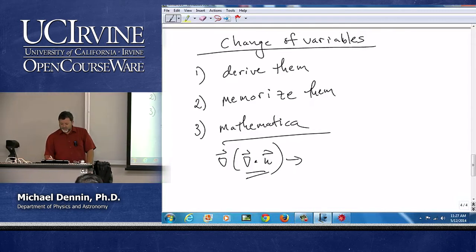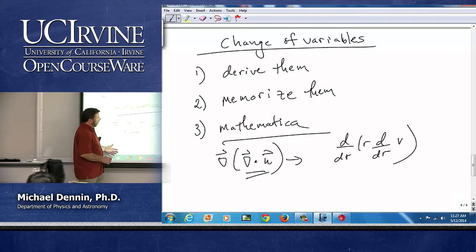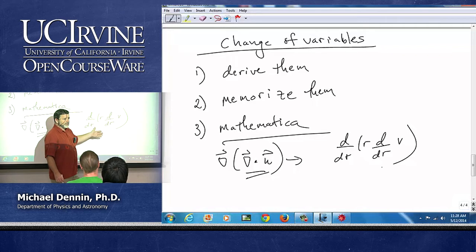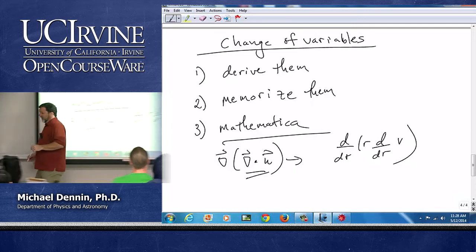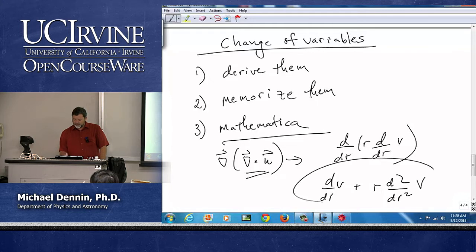So you can imagine if you have something like d by dr of r d by dr of v showing up, and this thing is equal to 0, this is a nice form because I can just integrate twice. But you might be doing something else with it, and if you multiply out the derivatives, like do d by dr of this first, and then this, and expand it out, I get d by dr of v plus r d squared by dr squared of v.